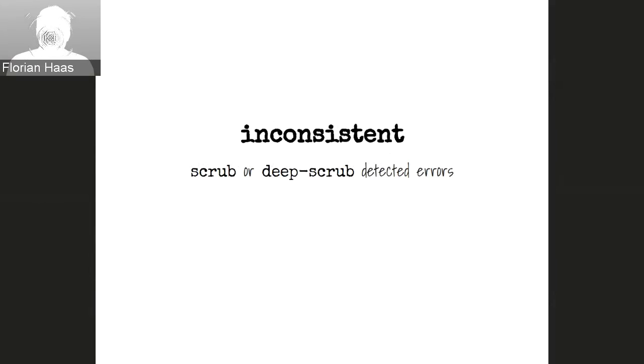If a placement group is inconsistent, then that means that you've previously run a scrub or a deep scrub operation on the placement group, and it has detected errors. Now, if the errors were detected immediately from the file's metadata in the OSD, that is something that a scrub would catch.